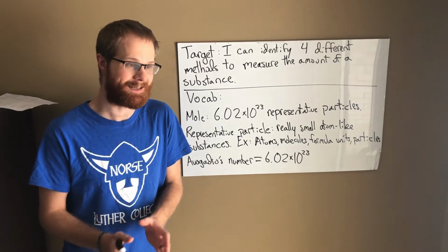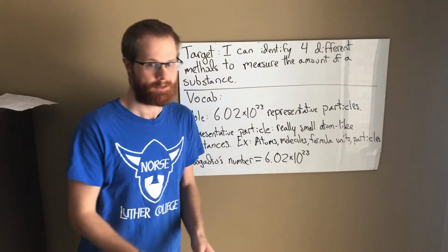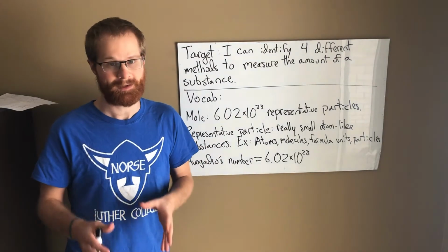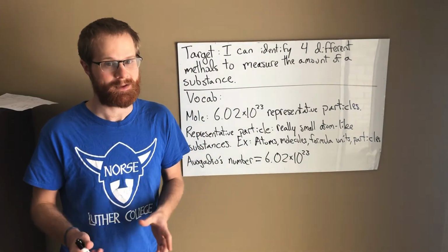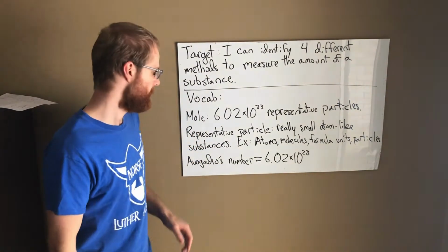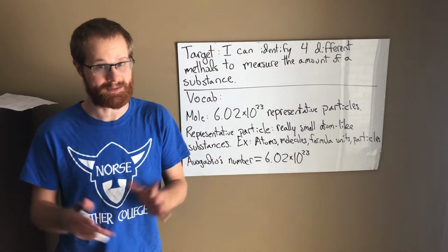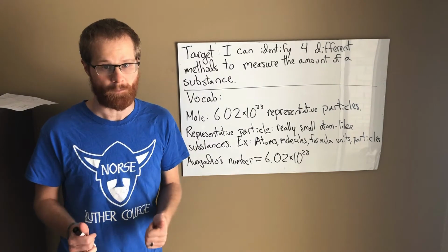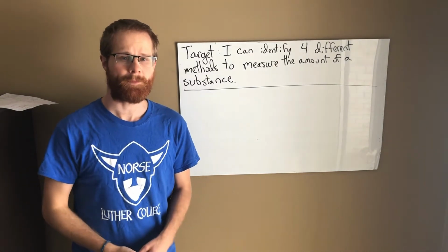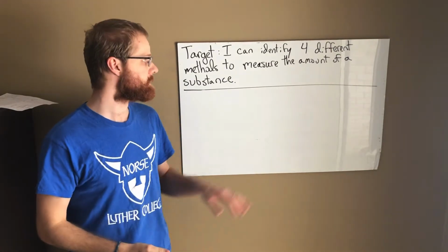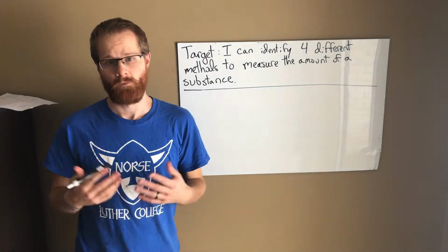Avogadro's number is like the word dozen, just like 12 is to 6.02 times 10 to the 23rd. It's really just a name that represents a number. And the distinction between Avogadro's number and mole is very similar. They're basically synonyms.